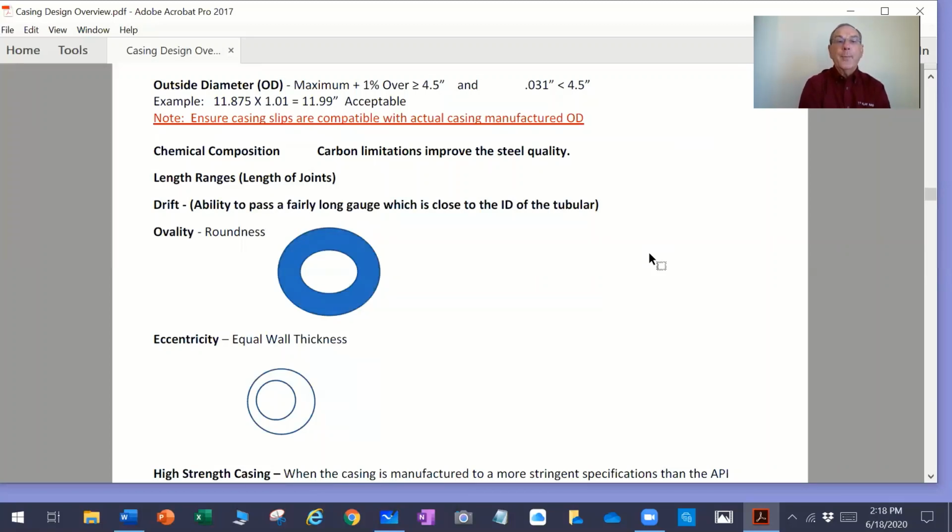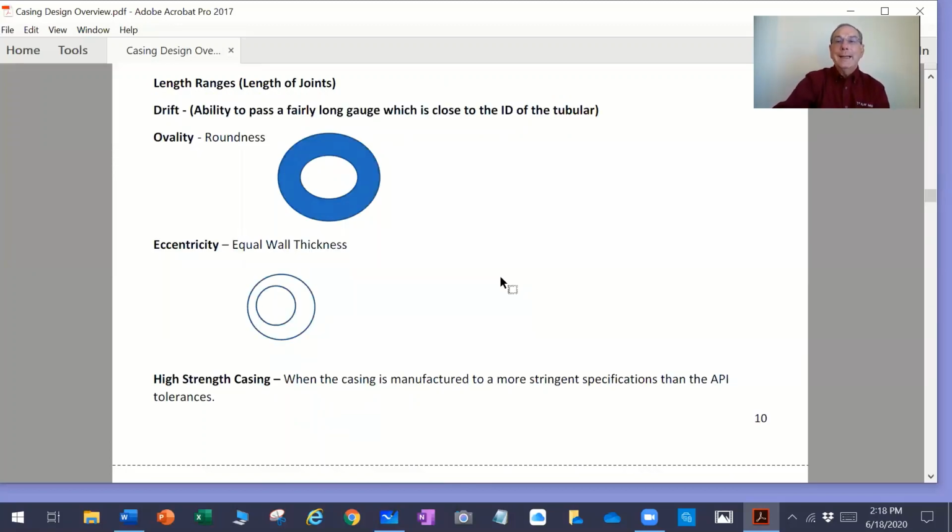There's API properties for ovality, but the most important thing I'll say is that in today's time with computer controlled manufacturing, today's casing can be made to much better tolerances than the old API standards of 50 years ago because of the manufacturing processes.